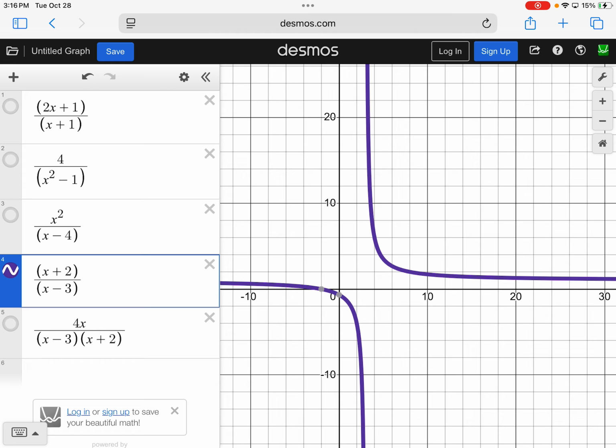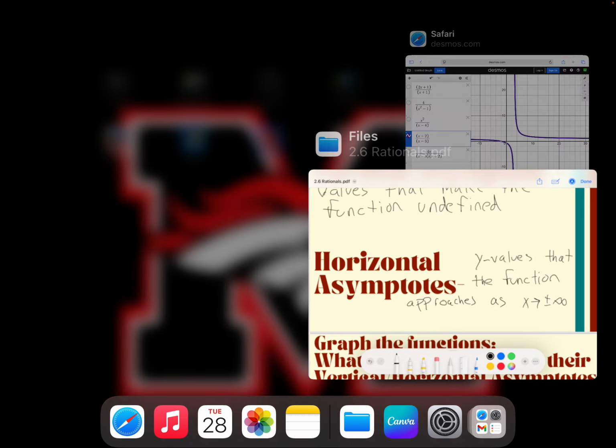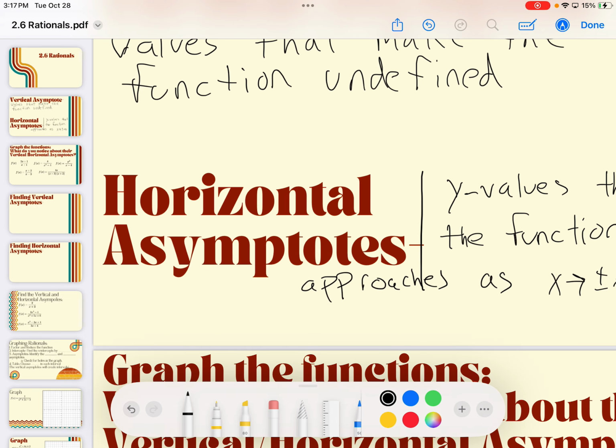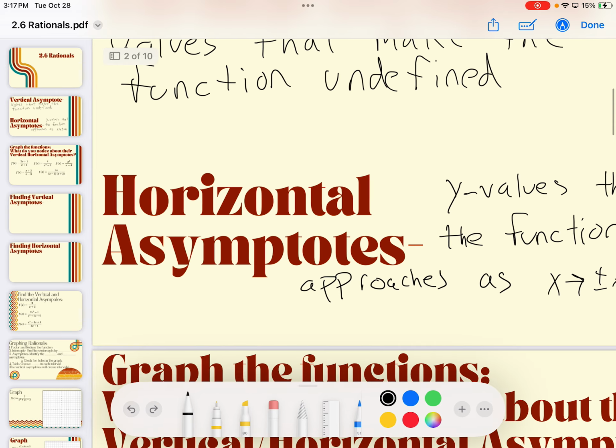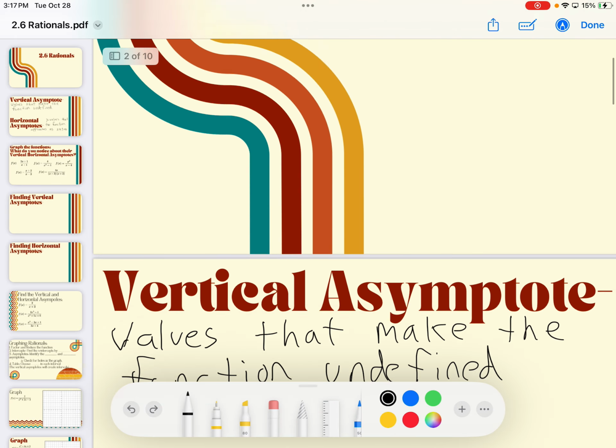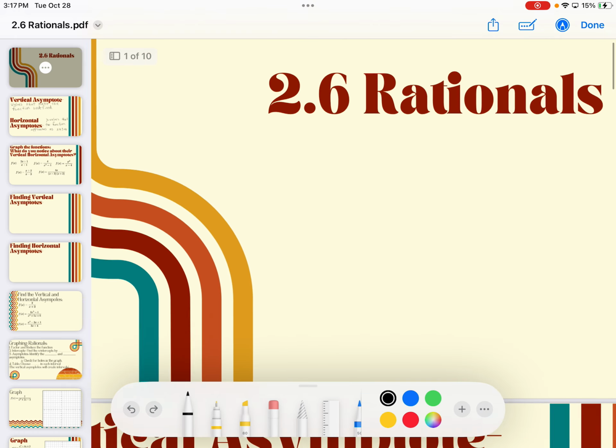All right. So on the first part, it says rationals.